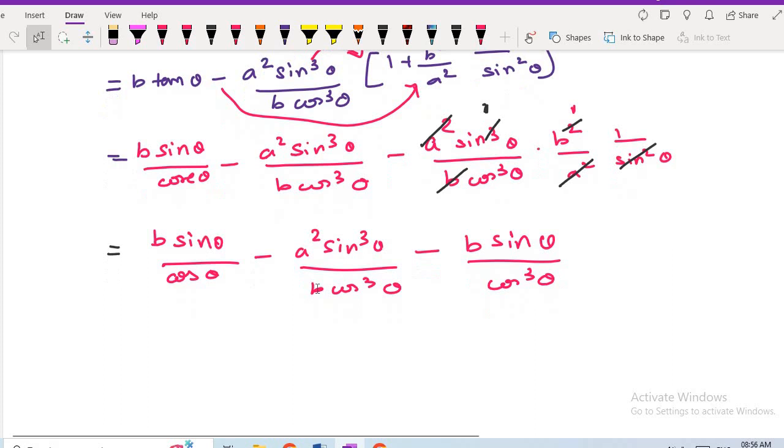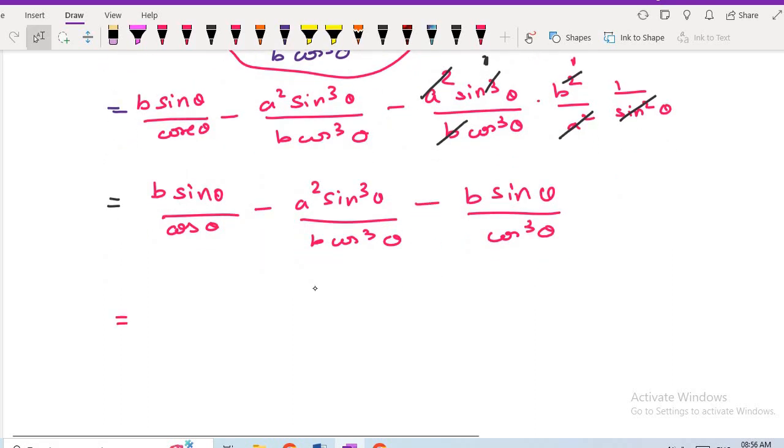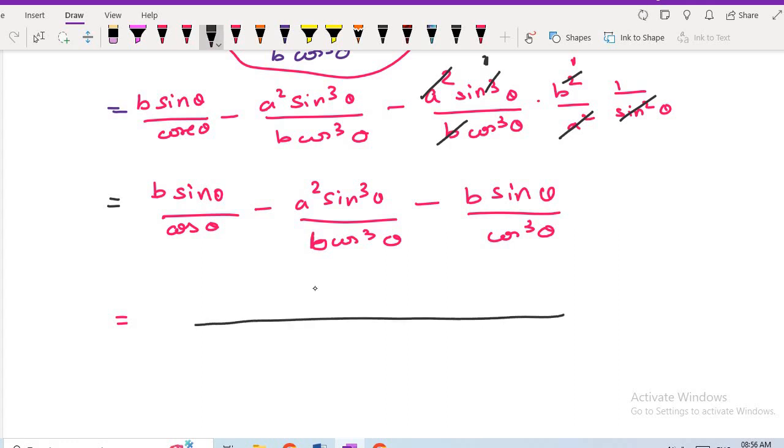So what is the LCM? In the previous case we had a here; here we have a b. So we can take the LCM as b cos cube theta. The denominator b is missing, and cos square is missing.